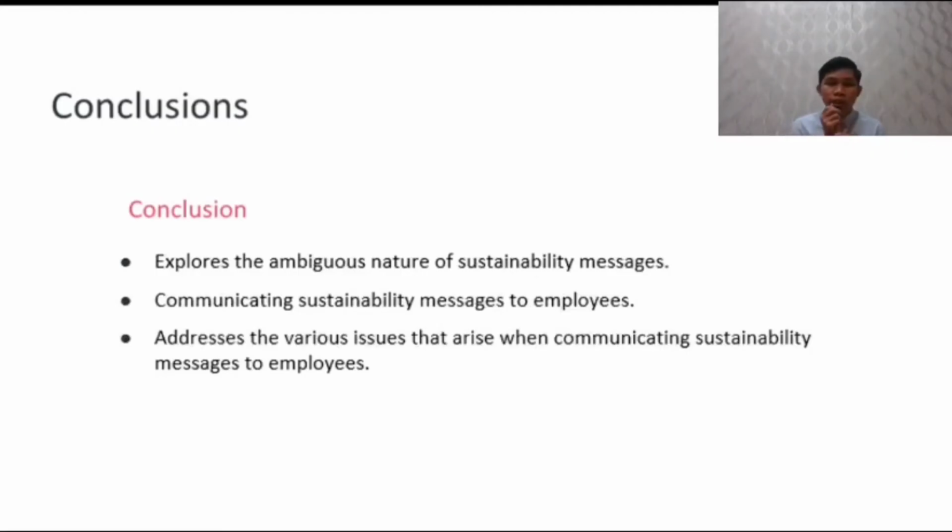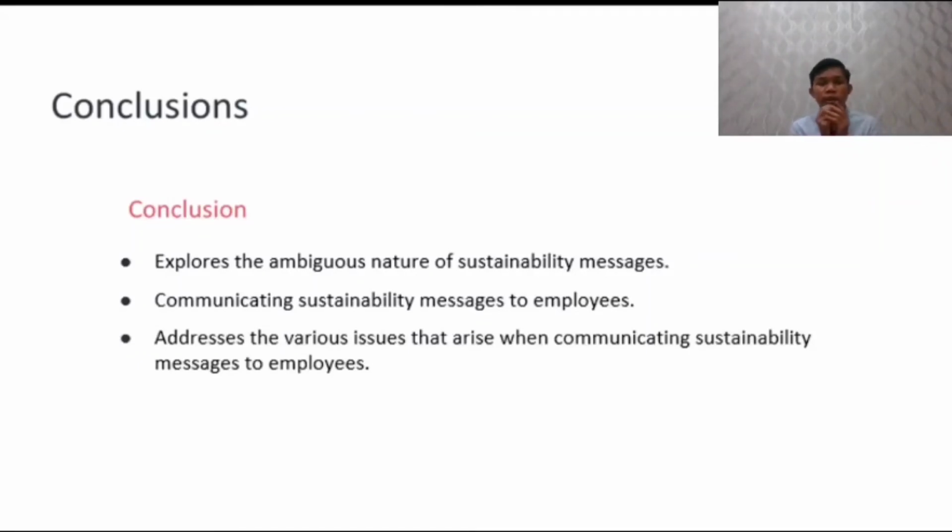In conclusion, the article serves as a unique case study that explores the ambiguous nature of sustainability messages. This could also help researchers formulate a media richness theory based on the message conveyed. They also focus on the topic of communicating sustainability messages to employees. It could help a senior manager formulate effective strategies for communicating this message to their employees.